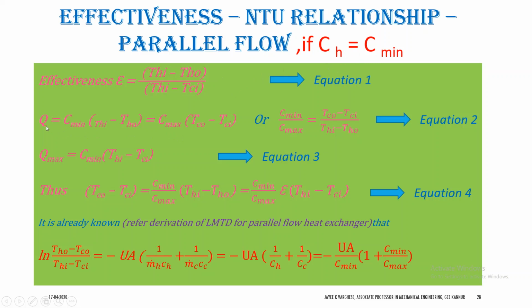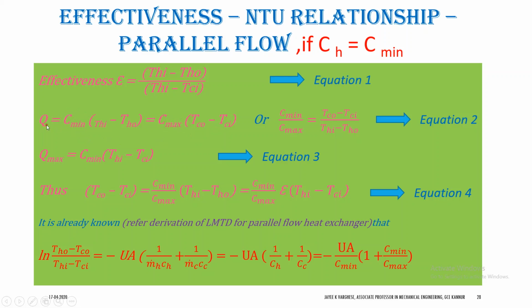So Q is equal to C minimum into THI minus THO. That is equal to C maximum into TCO minus TCI, because CH is C minimum and C is C maximum.